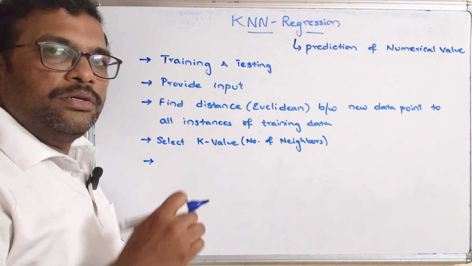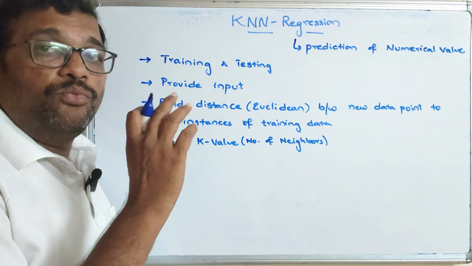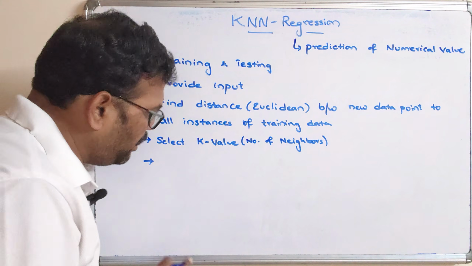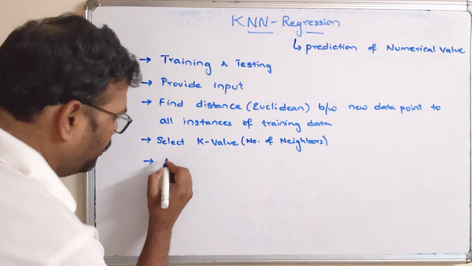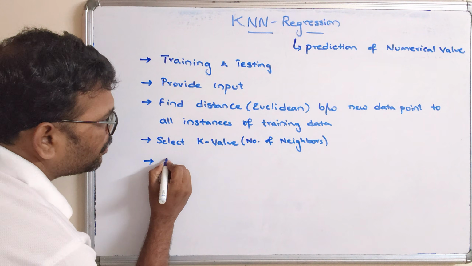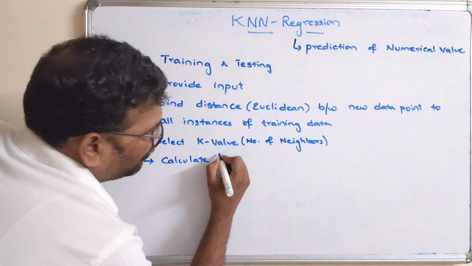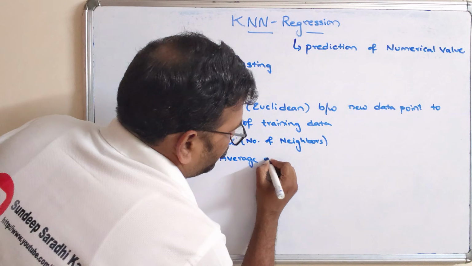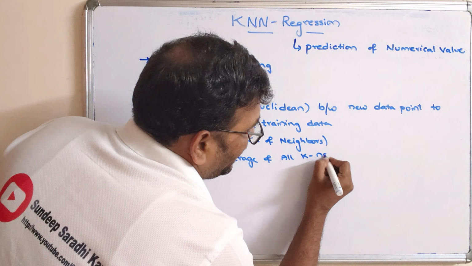In classification, it will do voting and consider the majority. But here, after selecting the number of neighbors, it will calculate the average of all k neighbors.